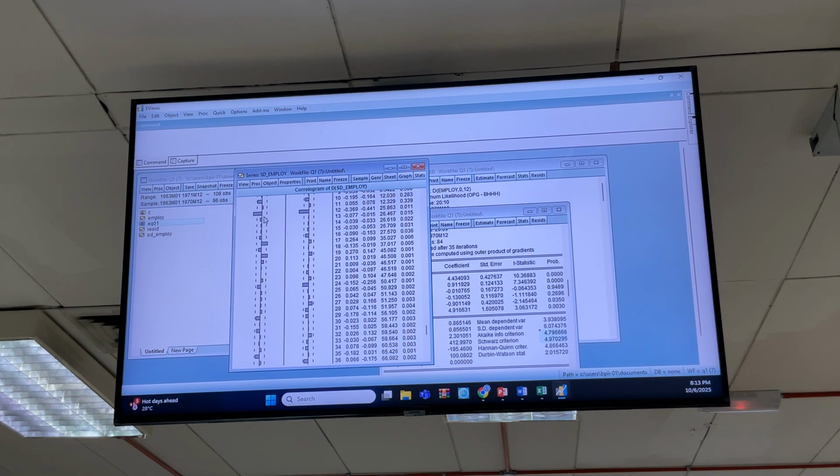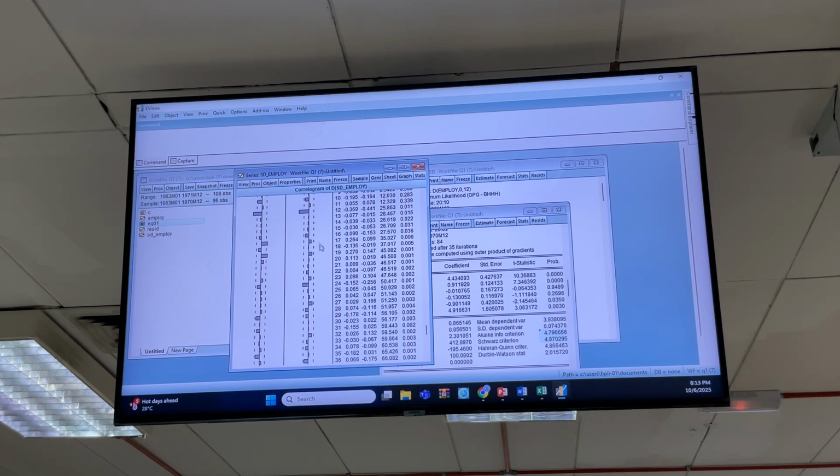And then inspect the seasonal MA, AR, at lags 12, 24, 36. So seasonal SMA 1 or SAR 2 or 3. 2 or 3. 2 what? 2. Okay, this one is significant.